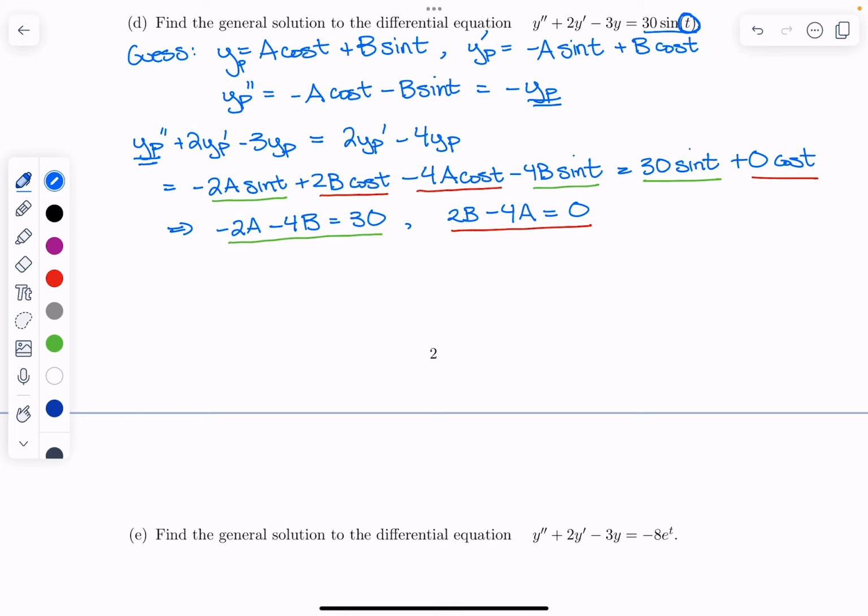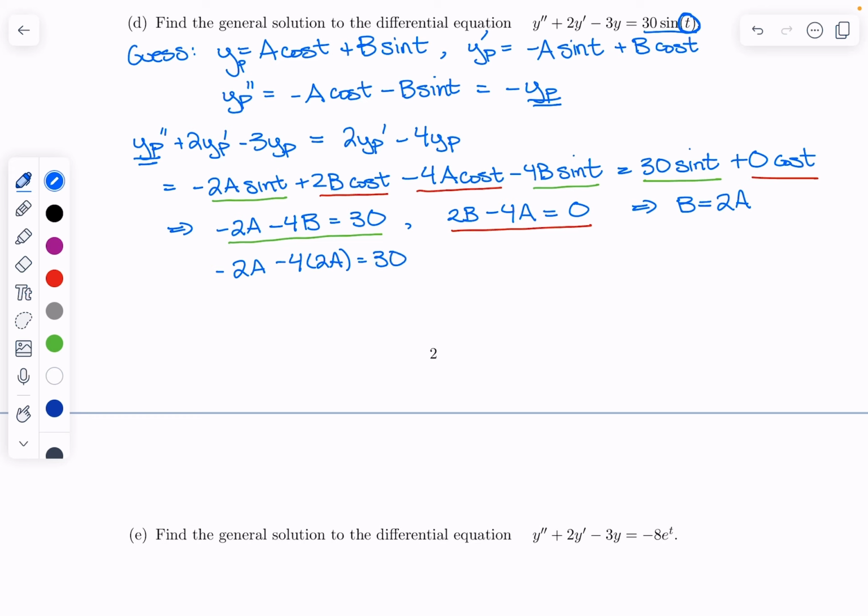So there are lots of ways that I could go about solving this. I'm going to go ahead and solve the red equation so that we can see that b must be 2a. And then I'm going to take that information and plug it into the green equation. So that tells me that negative 2a minus 4b, which is also 2a, must be 30.